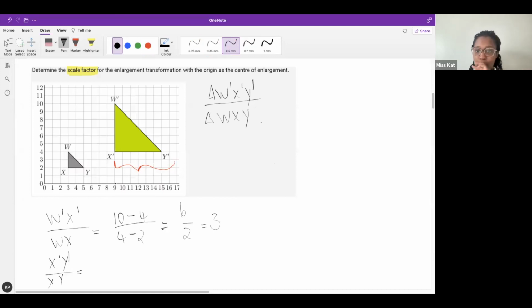How long is X prime Y prime? 6. Let's see, 1, 2, 3, 4, 5, so 6. However way you do it, it's fine. And then how long is XY? 2. And that gives us 3. Now we have a problem with this one.